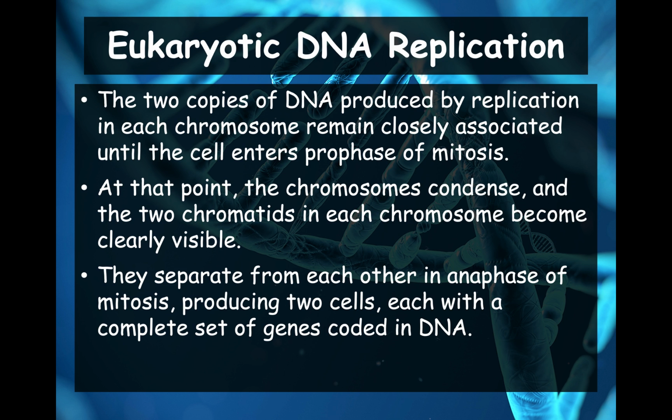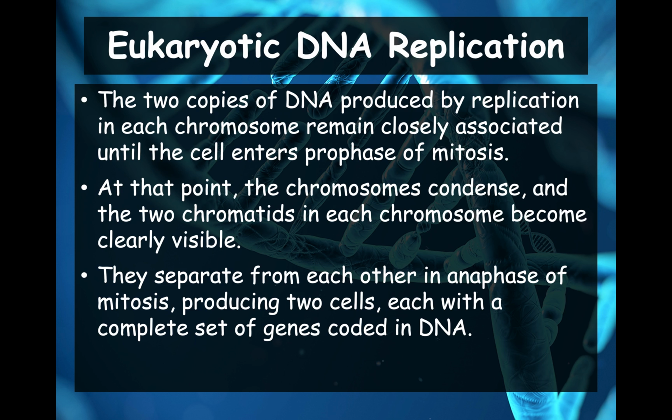The two copies of DNA produced by replication in each chromosome remain closely associated until the cell enters prophase of mitosis. So, what happens in prophase of mitosis? Well, we know that the chromosomes condense and the two chromatids in each chromosome become clearly visible, right?